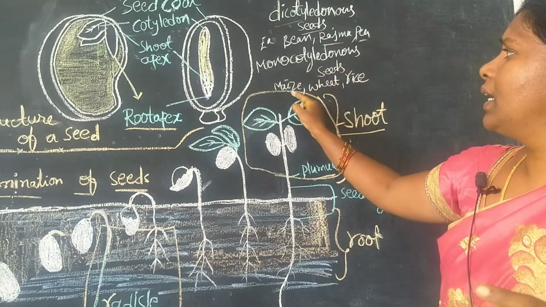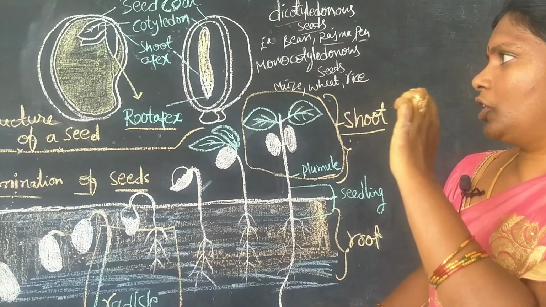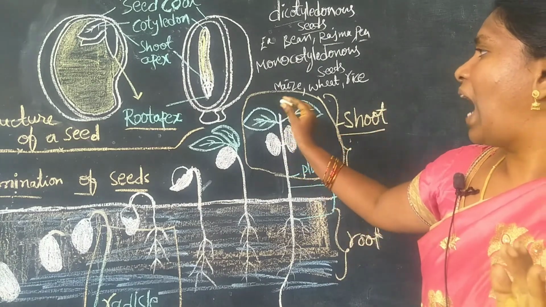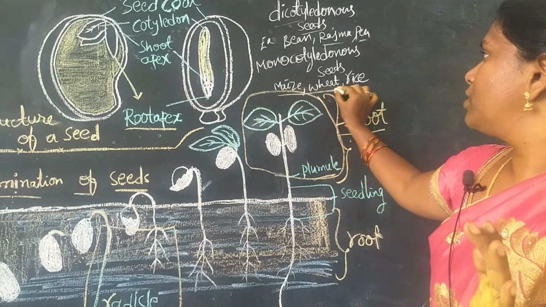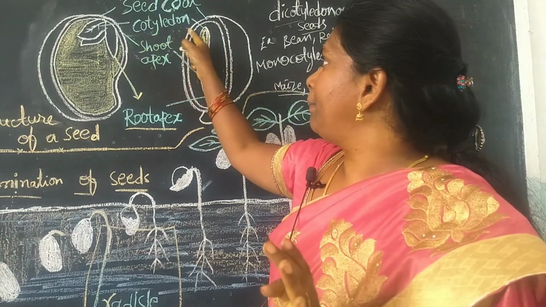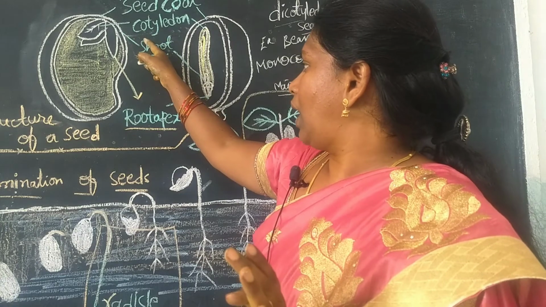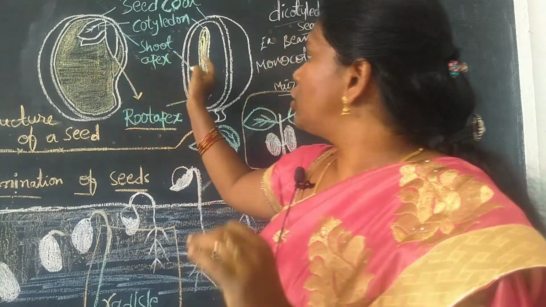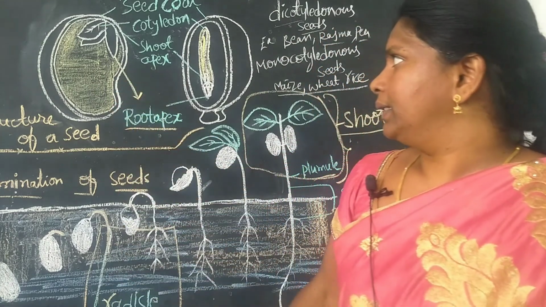Monocotyledon seeds have only one structure and cannot break into two equal halves. Examples: maize, wheat, rice. The cotyledon is the main important part of a seed. It stores food for the plant.